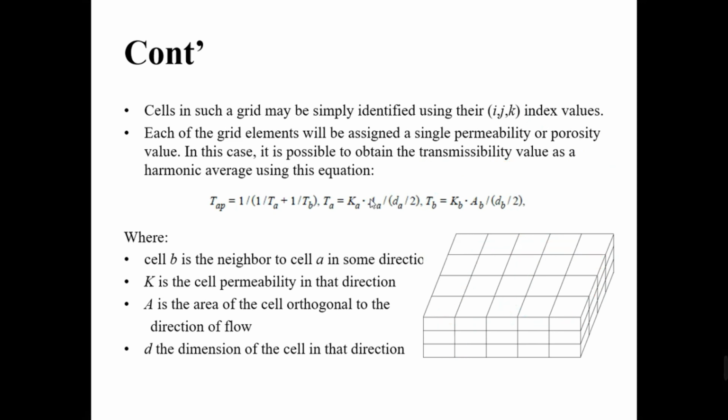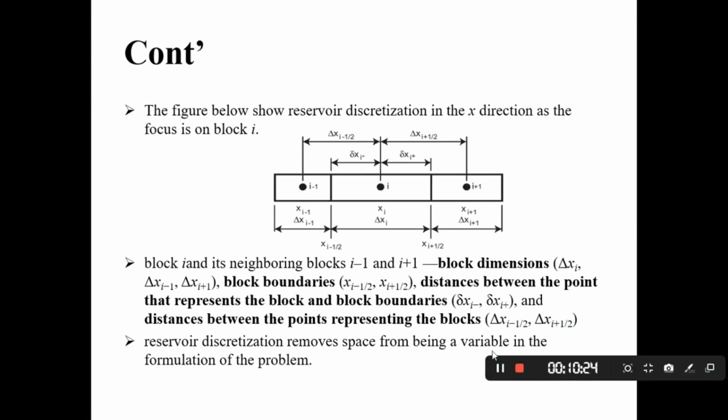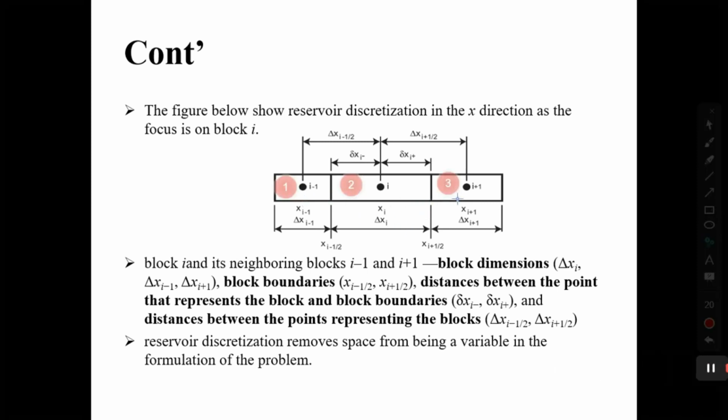This is the discretization. Here you can see how we define this discretization in the x direction. Let's look at it. This is an important slide. When we have three different grid blocks, for example, this is number one, this is two, and this is three, how do we put the address?